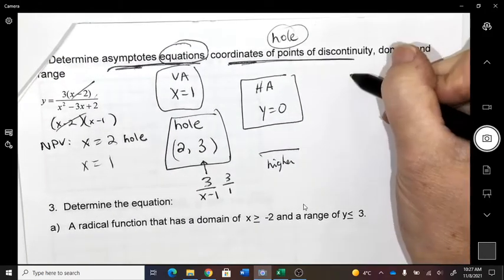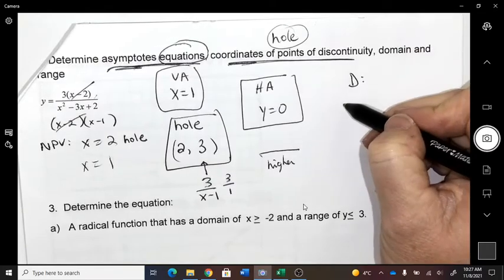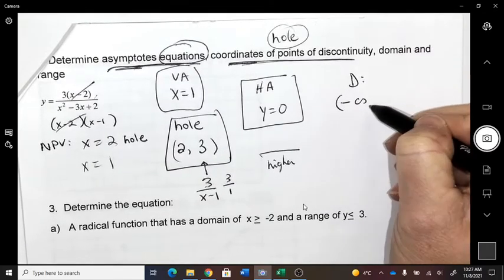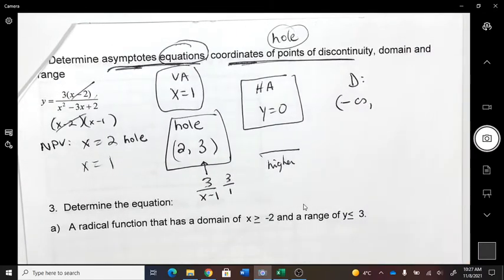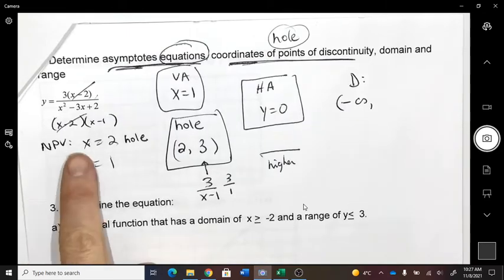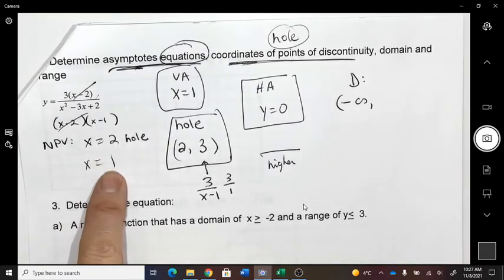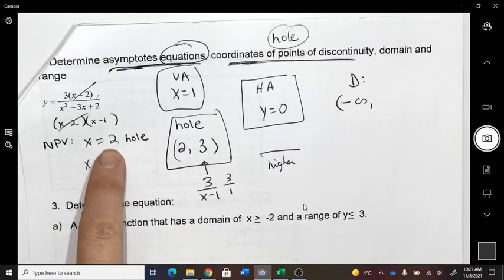Domain. So we're going to start at negative infinity, what's the first x value that I have to skip over? What are the two x values I have to skip? I can't be at 1 and I can't be at 2.